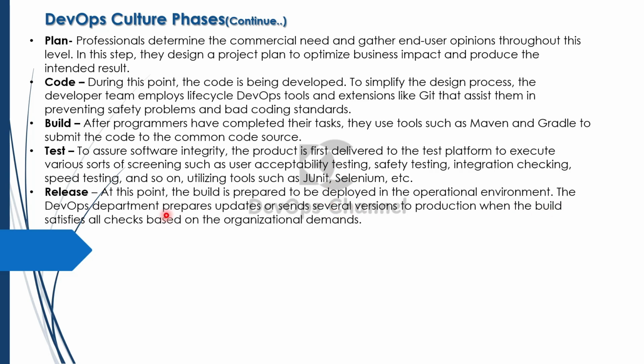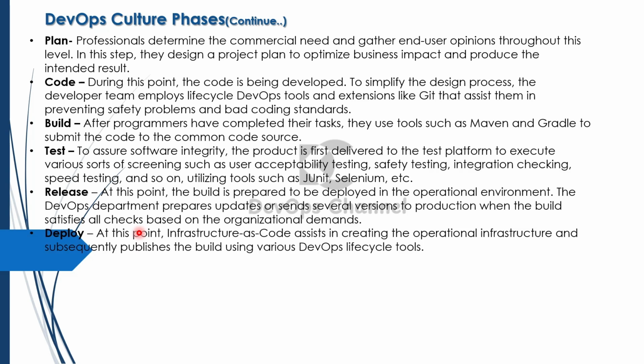The DevOps department prepares updates or sends several versions to production when the builds satisfy all the checks based on the organizational demands. Once the test is built, it is passed over to the next sub team, which is working in the same sprint, to check if it is a release candidate or not. Next one is deploy.